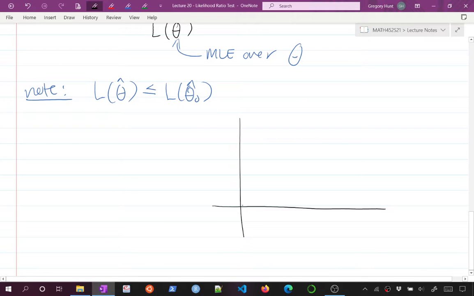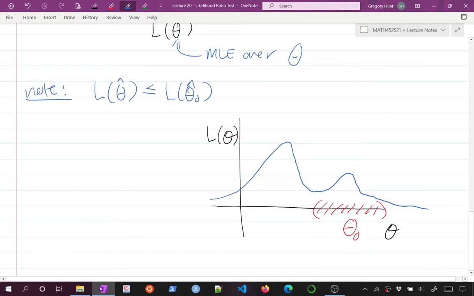Here is maybe my likelihood function, L of theta, and maybe my null hypothesis is this part. That's the null hypothesis, and maybe my likelihood function looks something like this.